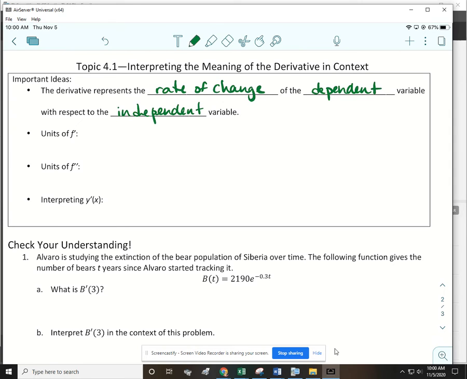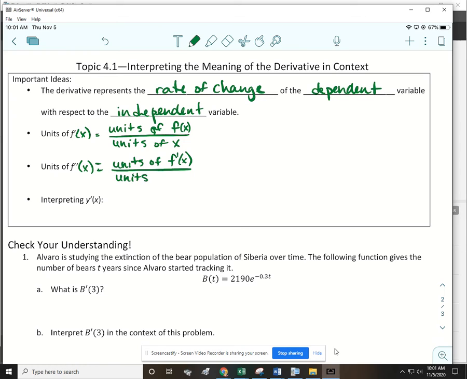And then our units for f prime of x is going to be the units of f divided by the units of x. So every time you do a derivative, you're taking the dependent variable's units and dividing them by the independent variable's units, right? So then if we want to find the units of the second derivative of f of x, it is going to be the units of f prime of x divided by the units of x.